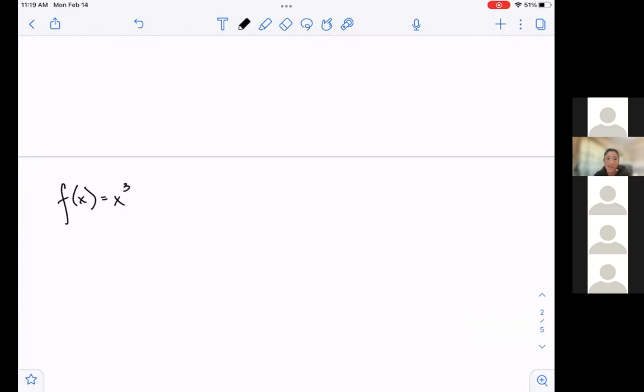Let's say f of x equals x cubed, all right? If I translate this the way that Dallas has written, I'm saying f of some input equals that input cubed.